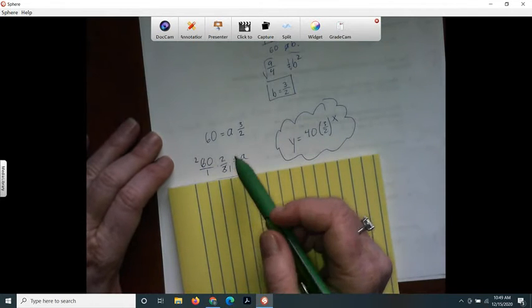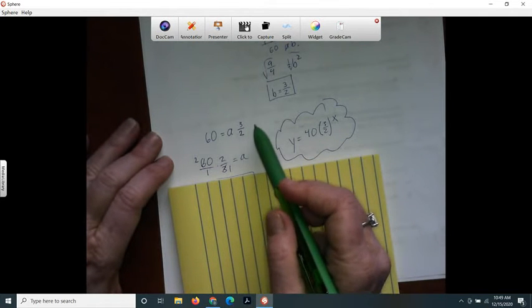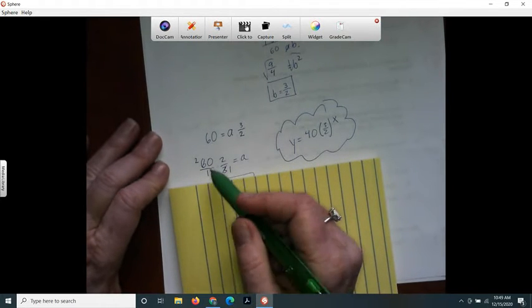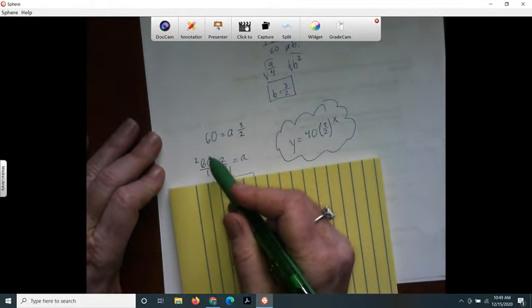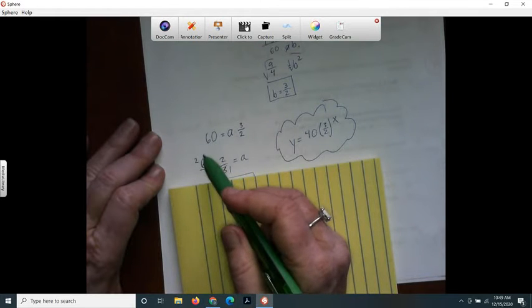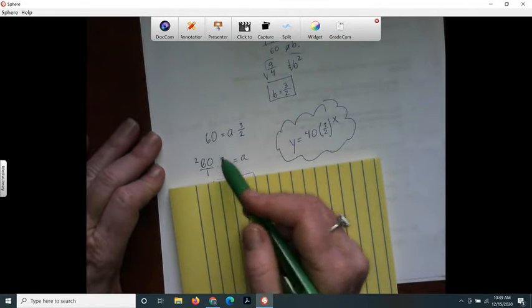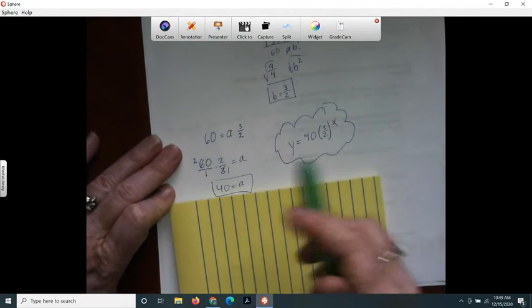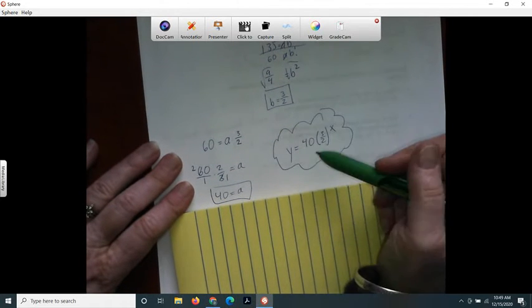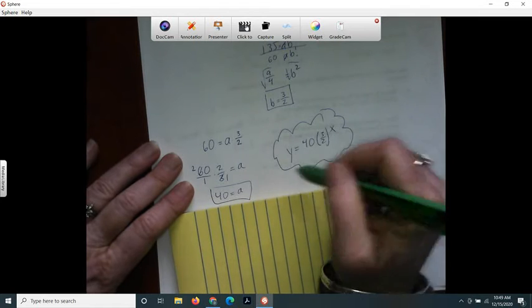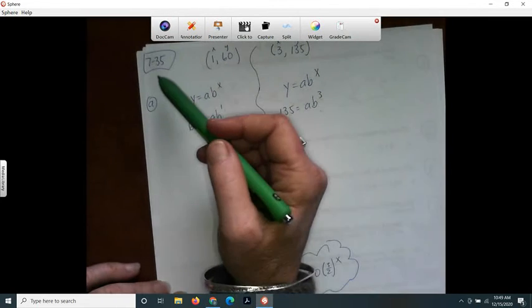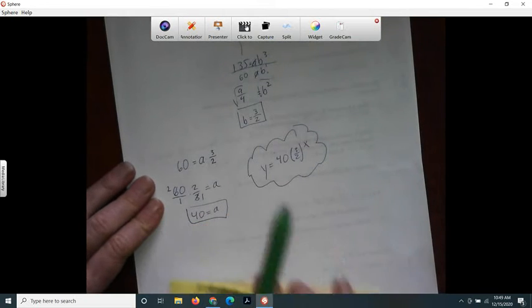This side times 2/3 cancels out my fraction, and on the other side, 3 goes into itself once and goes into 60 twenty times. 20 times 2 is 40. So I got a equals 40, and I already said b was 3/2, so I just wrote it, and this is my equation. This is your answer for 7-35 letter A.